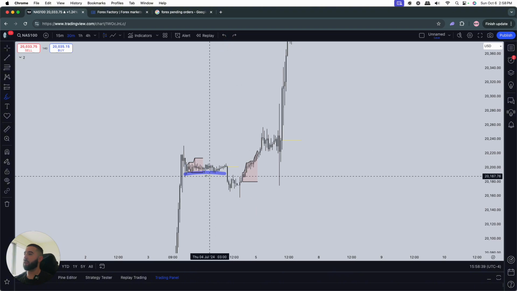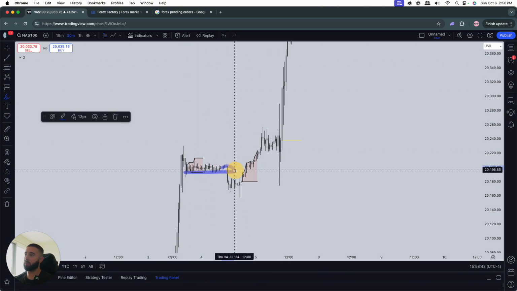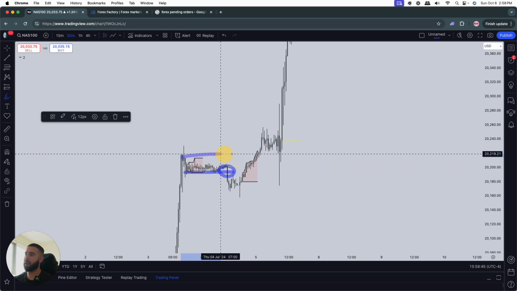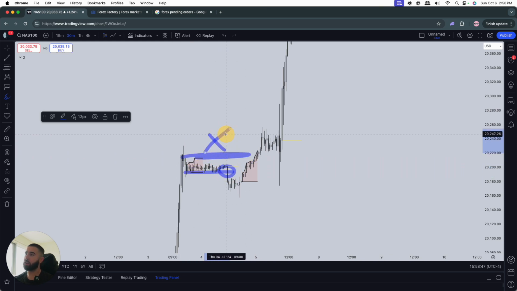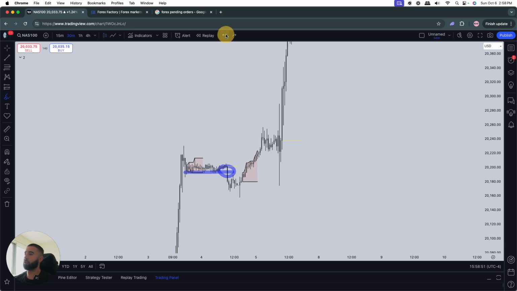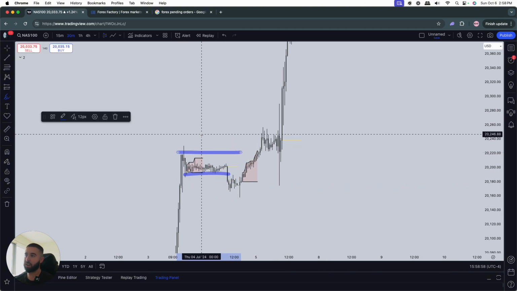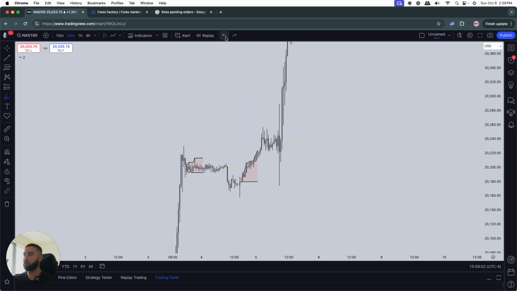Then you have people that are going to have their pending orders for a sell stop where they activate into a sell, and they may have their stop losses set up here, right? Because they want to catch the sells. All right. So that's how you start building up liquidity. You start knowing where these stop losses are going to be. Where is there money in the markets that can be grabbed if the market can just basically push into those directions?